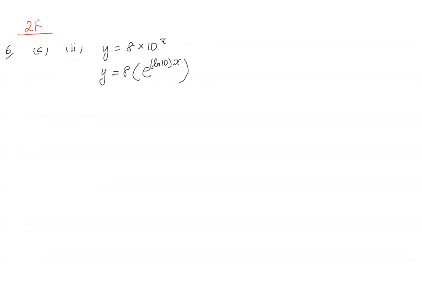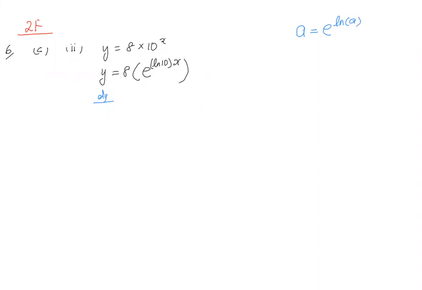So this one will be dy/dx. Miss, why can suddenly change like that one? It's not suddenly change like that. Any number can be written as e to the power of ln a.